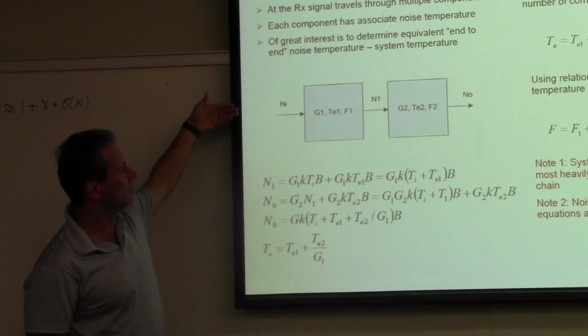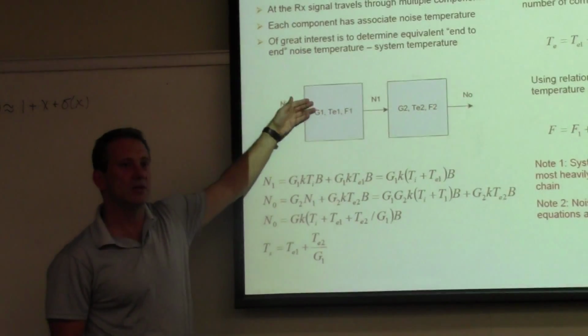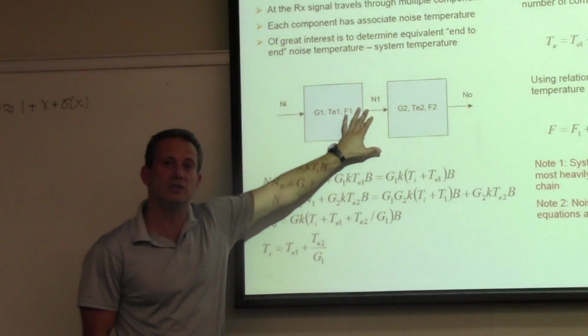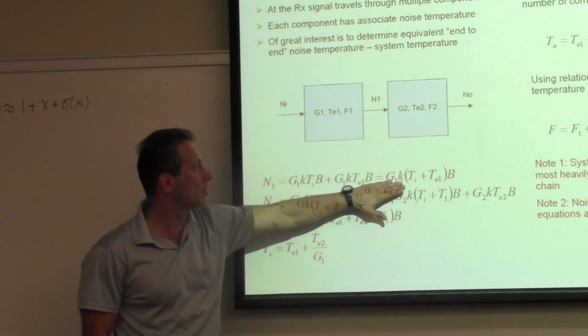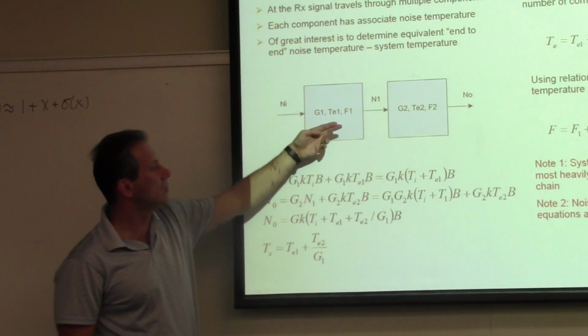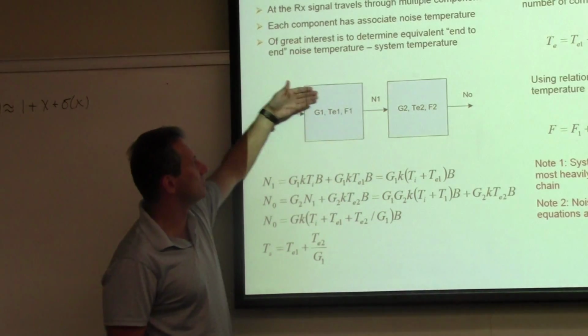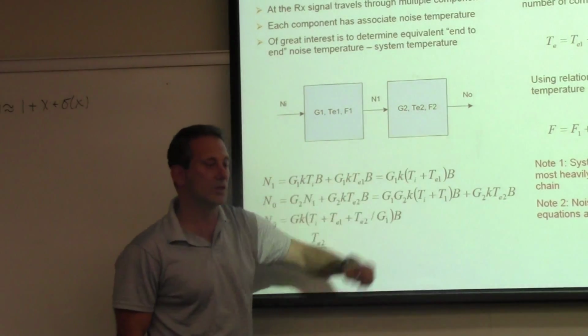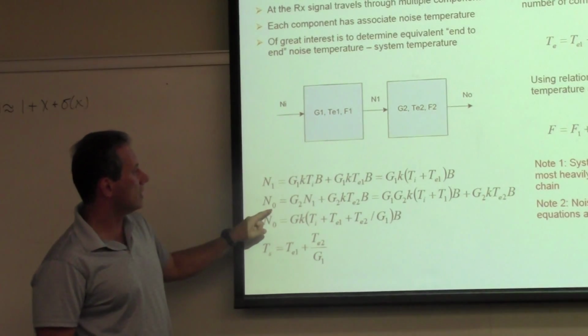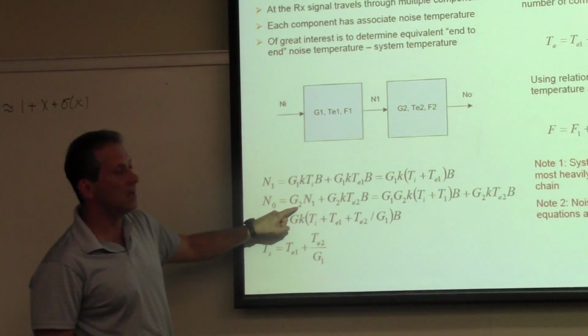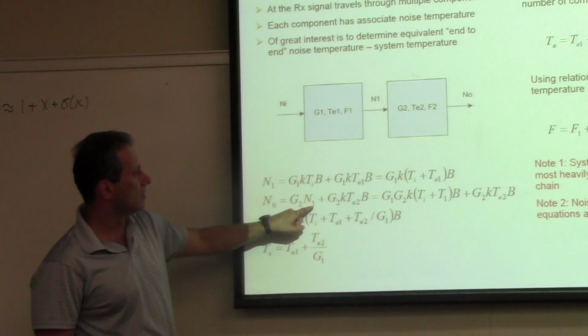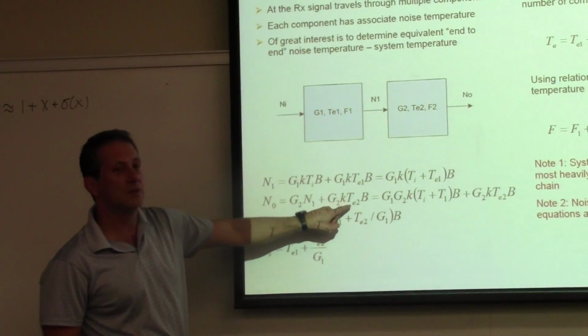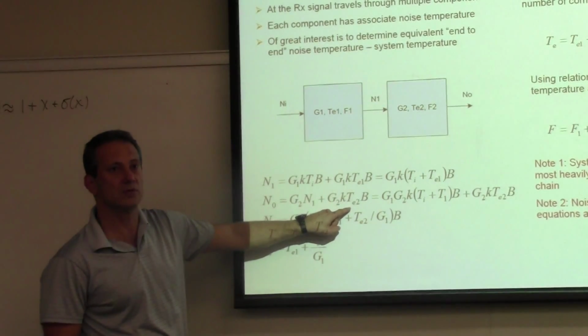That's a result of the noise that is coming into the device plus the noise generated inside the device, right? So this is the output N1. Now if you continue, this whole thing becomes the noise of what comes in, and you have to add to it the noise generated in the second one. So N output of the second one is going to be gain of the second one times N1 plus gain of the second one times the equivalent noise temperature of the second one.